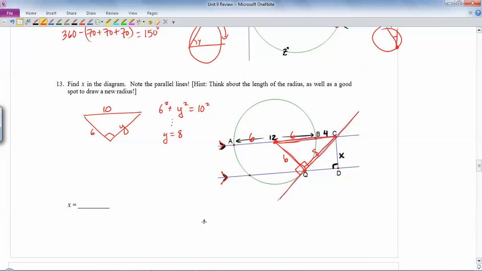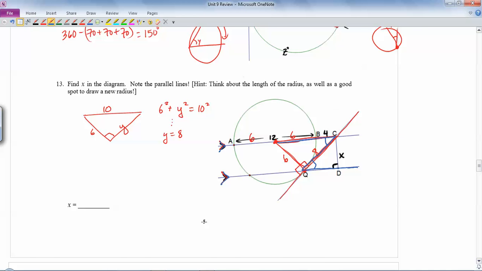So this length right here is 8, which also gives me a length in the triangle that has an x in it. So here's the part that I think is tricky. We haven't used the fact that the lines are parallel yet. And if you use the fact that the lines are parallel, you might notice there's a Z shape right there where this angle and that angle would have to be congruent.